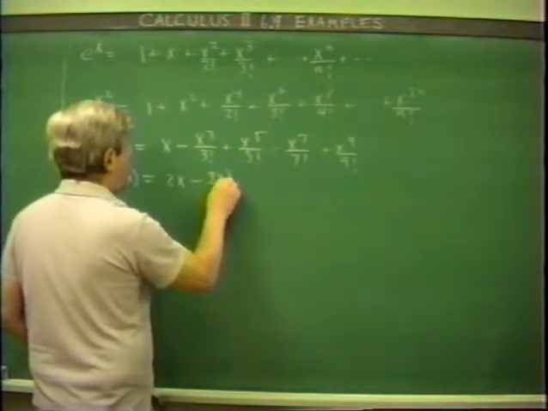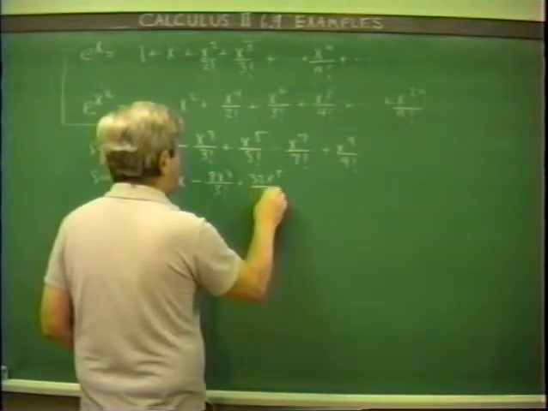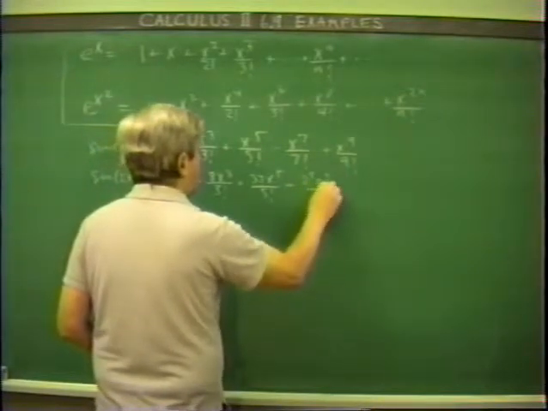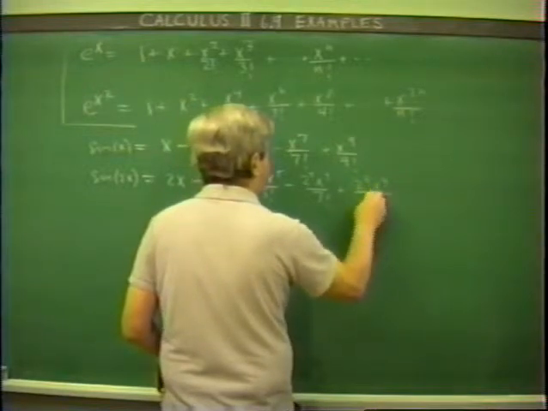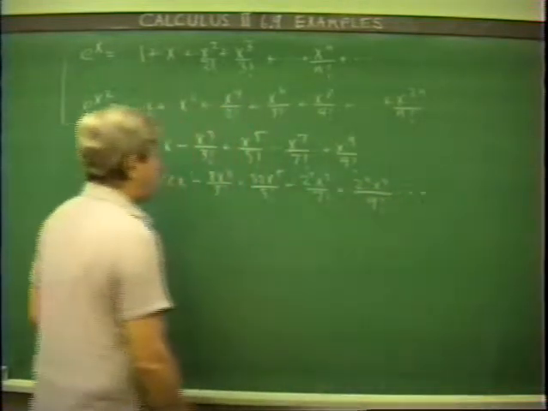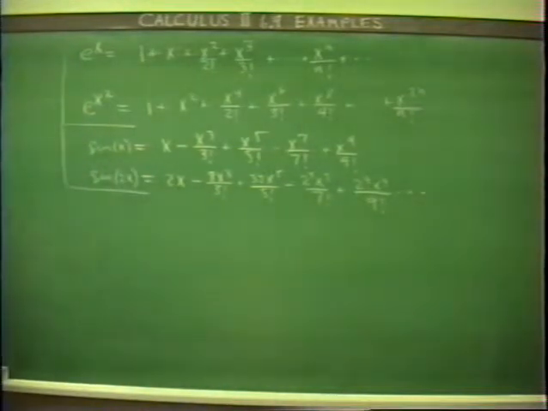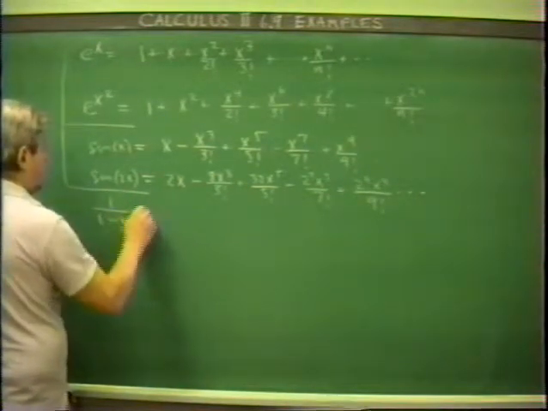So we're going to get that this is equal to 2x minus 8x cubed over 3 factorial plus 32x to the 5th over 5 factorial minus 2 to the 7th x to the 7th over 7 factorial plus 2 to the 9th x to the 9th over 9 factorial, and so forth here. So the sine of 2x, a substitution here.